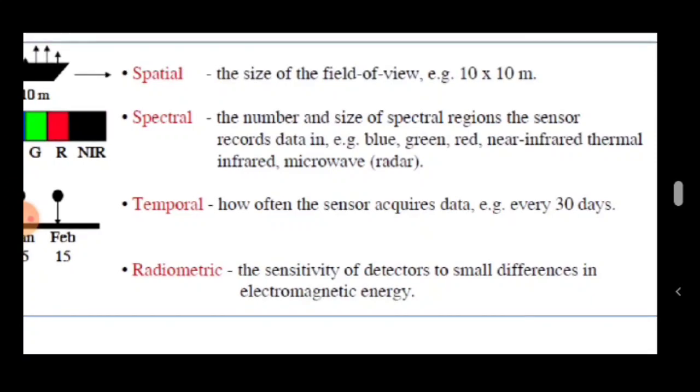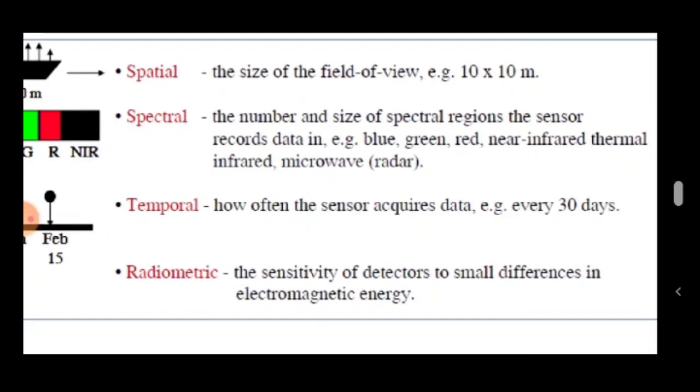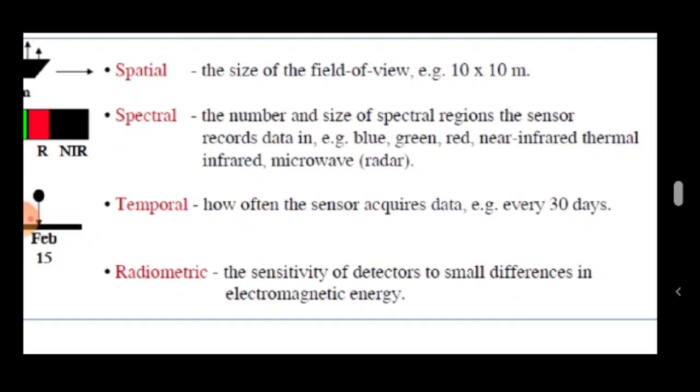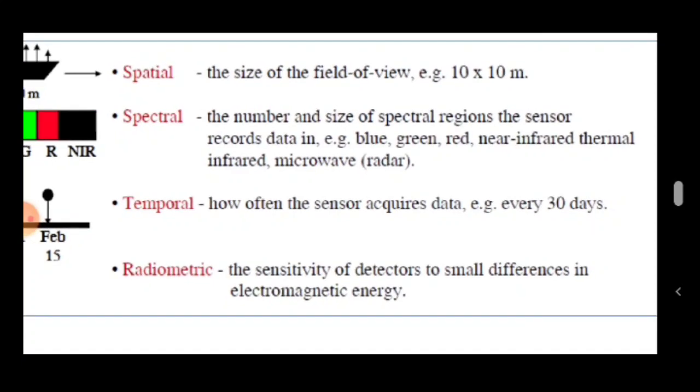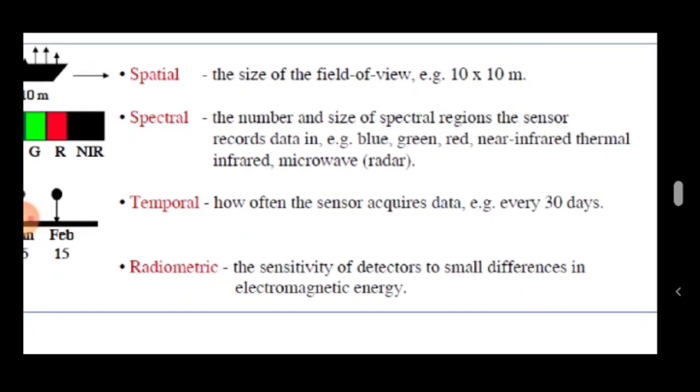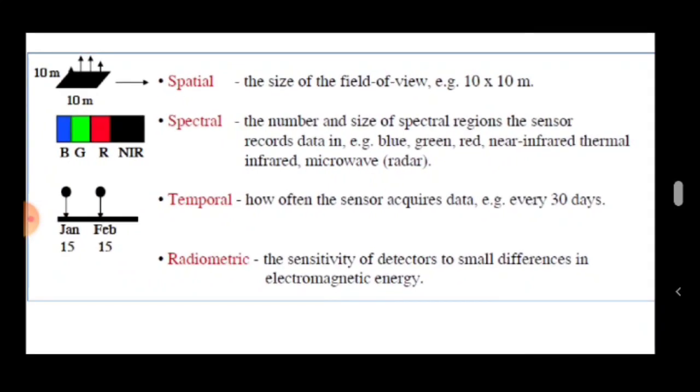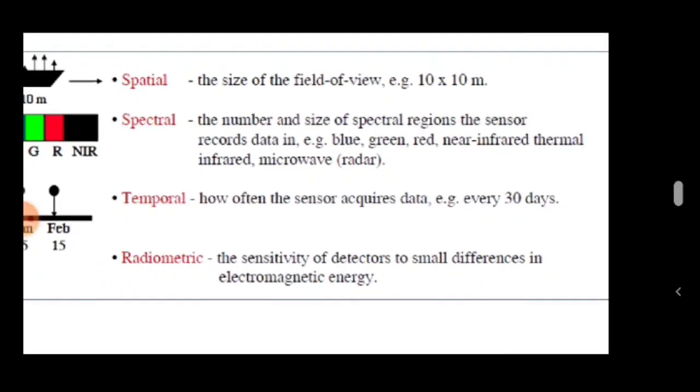Radiometric resolution is not described in many of the references I consulted. The sensitivity of detectors to small differences of electromagnetic energy can simply be defined as the radiometric resolution.